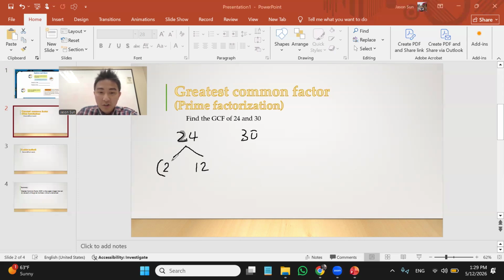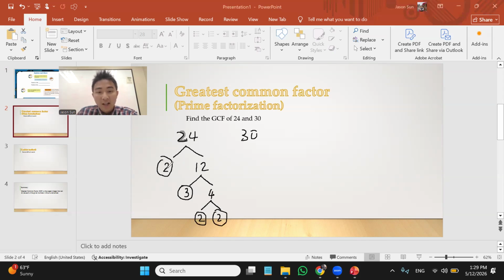Now, I'm going to circle the 2 because 2 is a prime number. Now, 12 is not. So what else can divide 12? Okay, I see 3 and 4. Okay, so 3 is a prime number, yes. Now, 4 is not, because 4 can also be divided into 2 and 2.